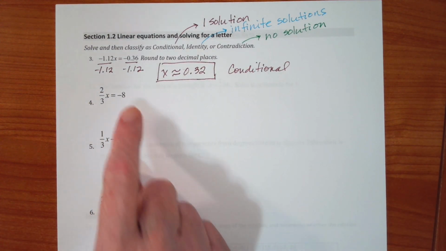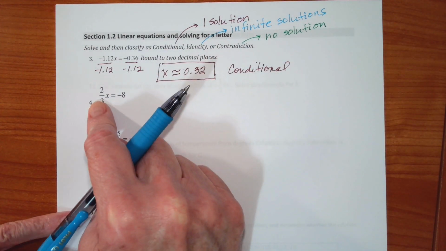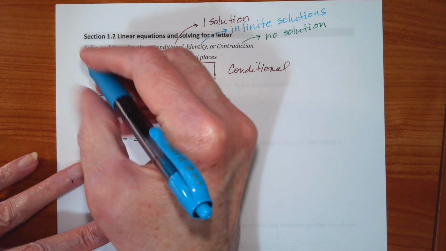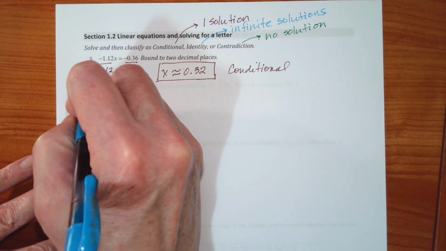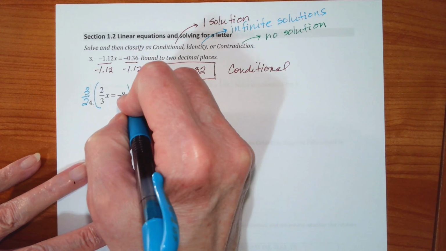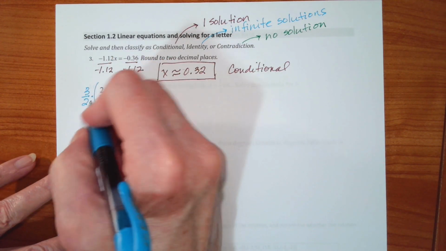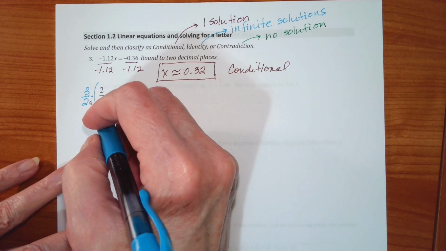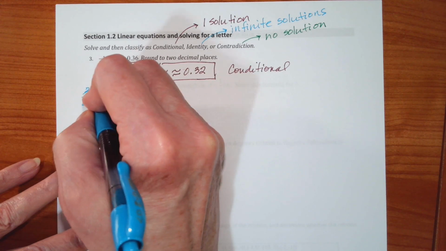Okay, if I have 2/3 x equals -8, well, to get rid of this, I can divide by 2/3, which is the same thing as multiplying by its reciprocal. So I'm going to multiply by 3/2. Well, anything times its reciprocal is 1. So all of that cancels out.